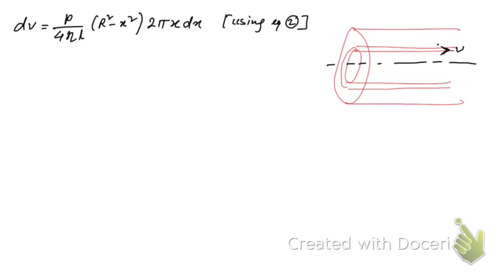Now if you want to find the total volume of liquid passing through this tube per second, we have the volume passing between these two layers per second. So in order to get the total volume per second, you have to integrate from x equal to 0 to x equal to R, because the radius is capital R here.